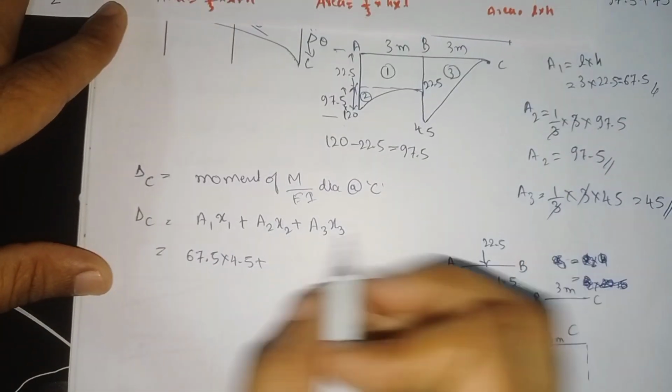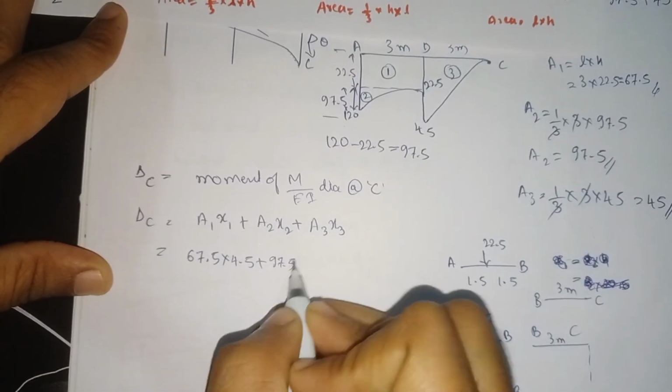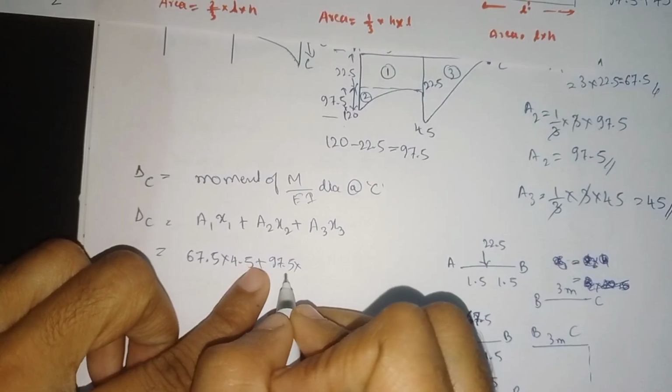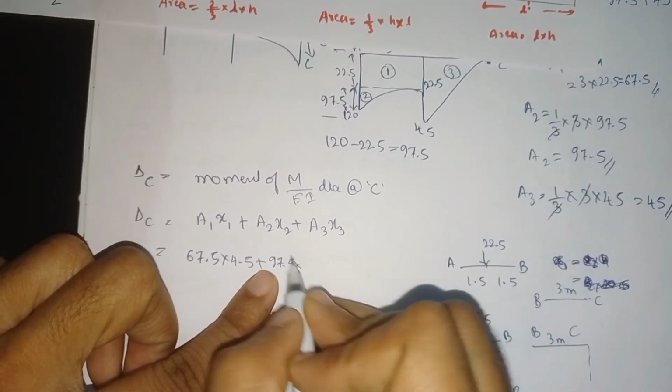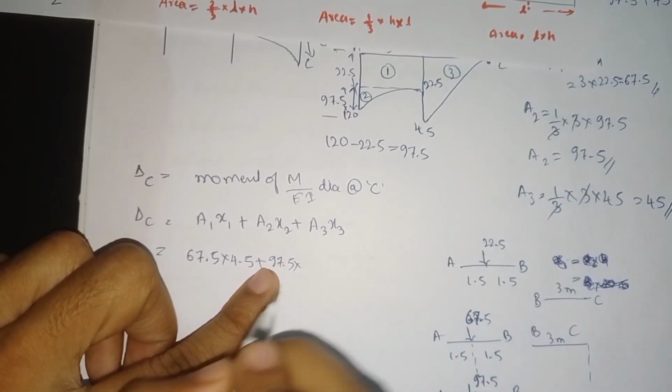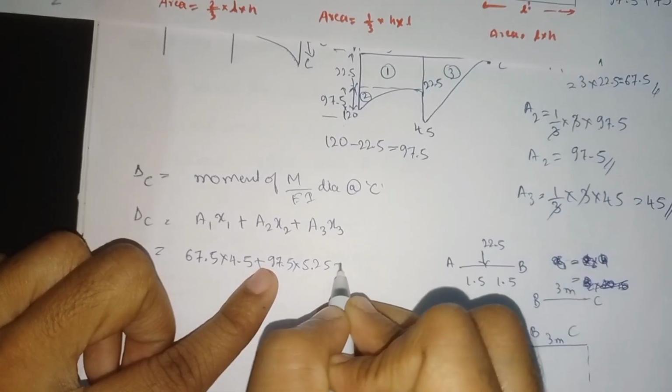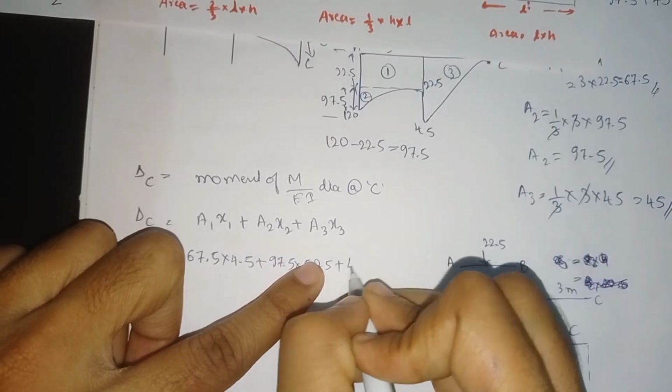Our A2 value we got was 97.5, and for this load the distance from C is 5.25. Now similarly for A3 we have the value 45.